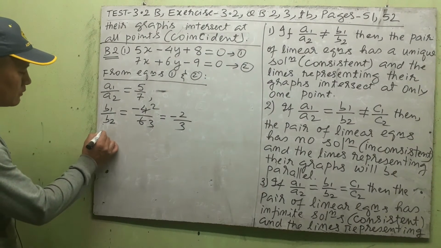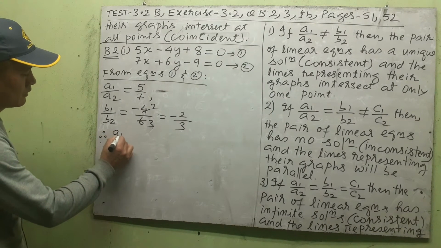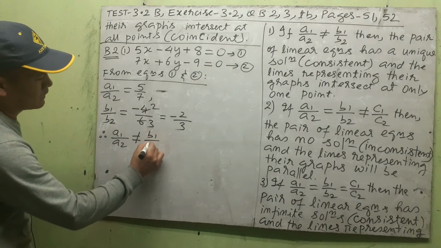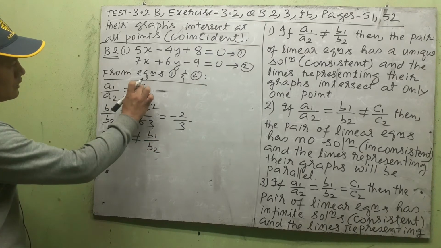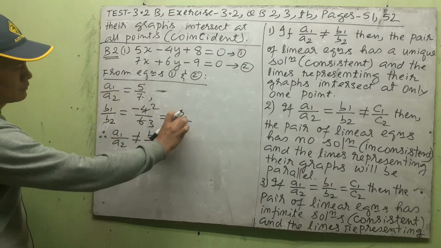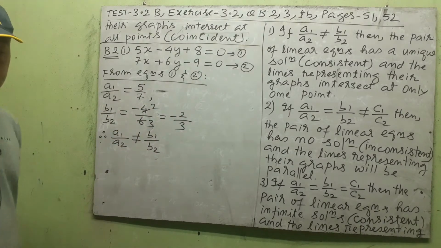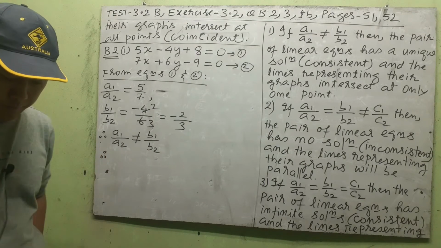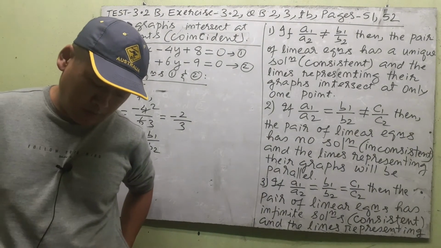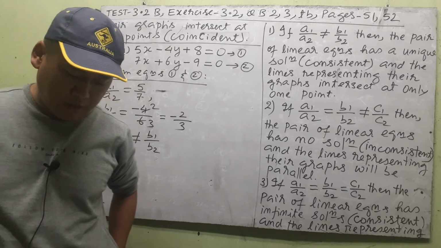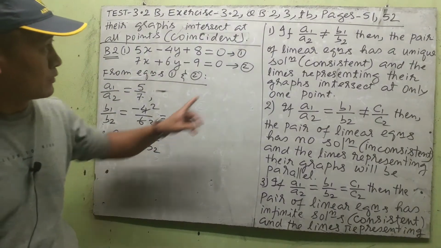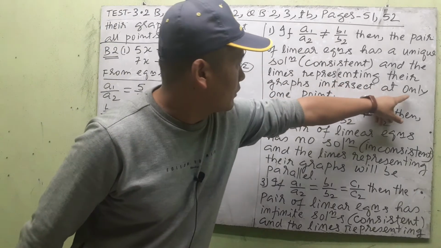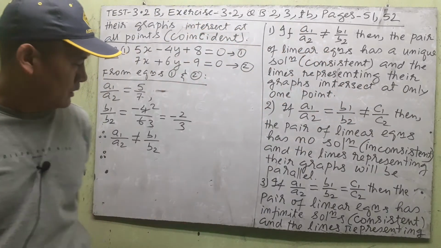So you write here, therefore we see A1 by A2, 5 by 7, and B1 by B2, minus 2 by 3, are definitely not equal. So since they are not equal, the question is saying determine whether they intersect at one point, parallel or coincident. Since A1 by A2 is not equal to B1 by B2, they intersect at only one point. So this is what we'll write.